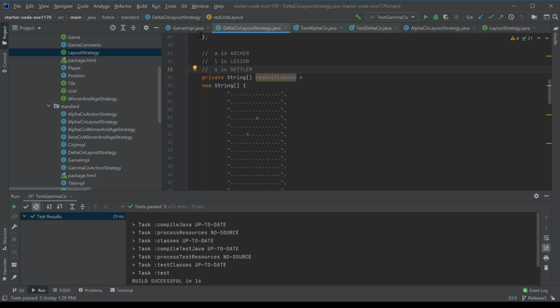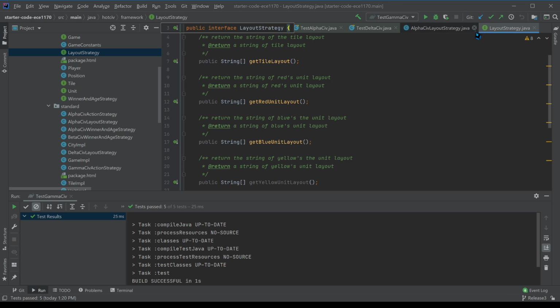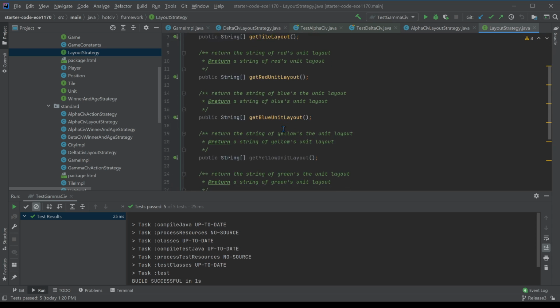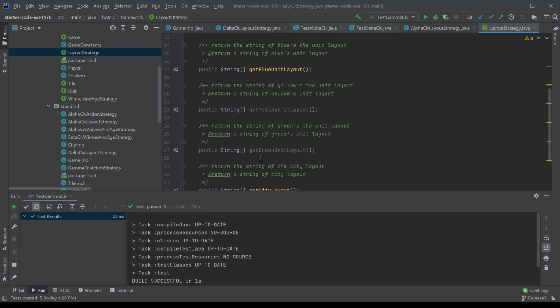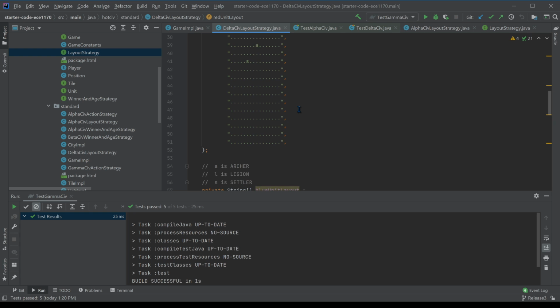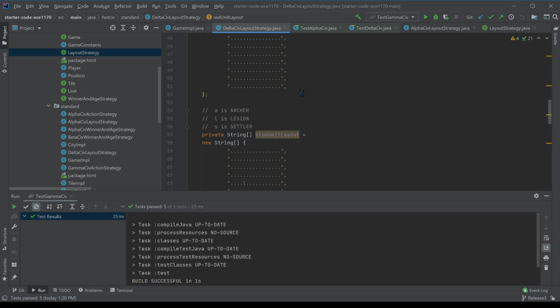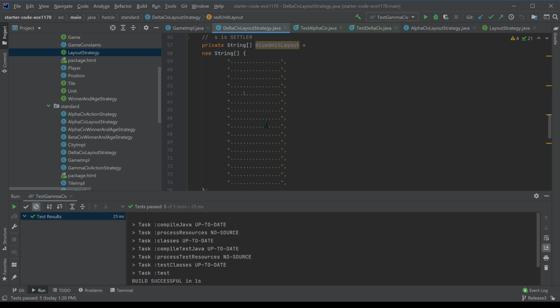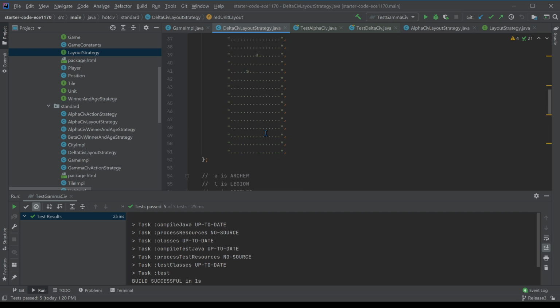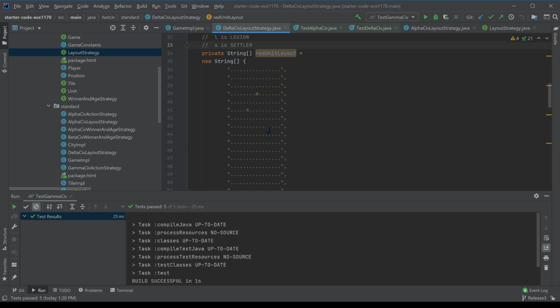But like I said when I was talking about the layout strategy, this wouldn't work if you had yellow units and green units. So if you wanted a different layout strategy that had other players in the game, you would have to refactor this code and change it from being capital and lowercase to be this method anyway. So I opted to just have different arrays for red units and blue units.